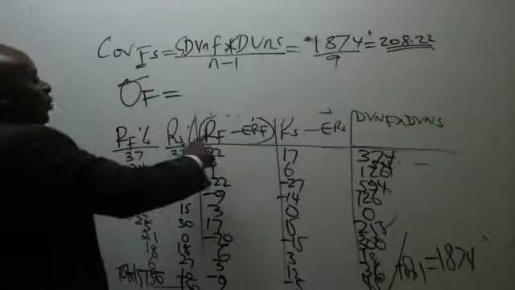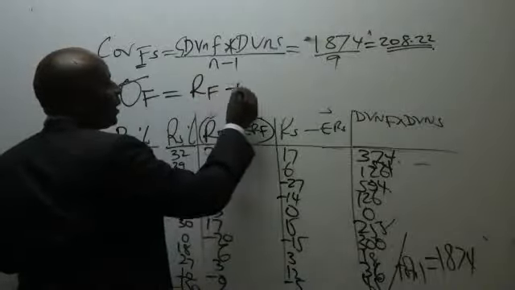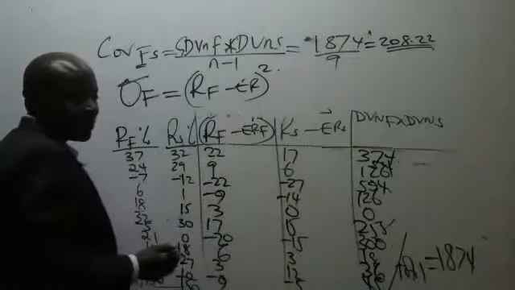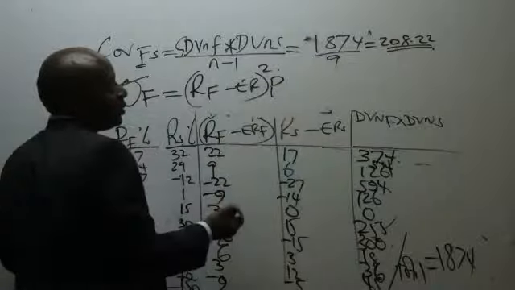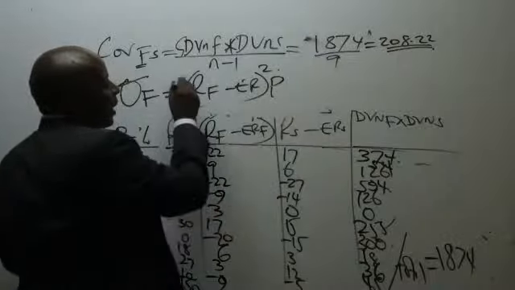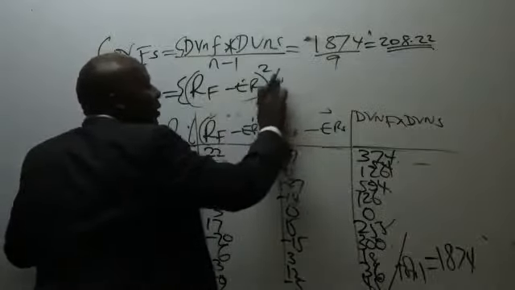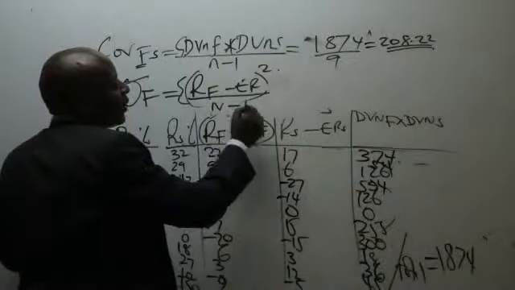So first of all, I have to start with the normal deviation, which is RF minus ERF. And then I'll square this, times probability, as usual. And then I'll add. But I'll remember very fast that this time around, there is no probability. So whenever there is no probability, I'll divide this by n-1.